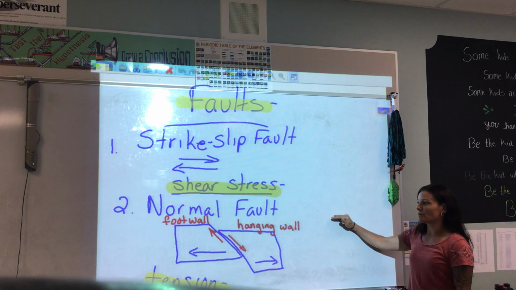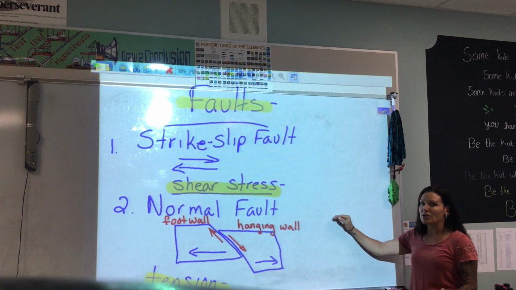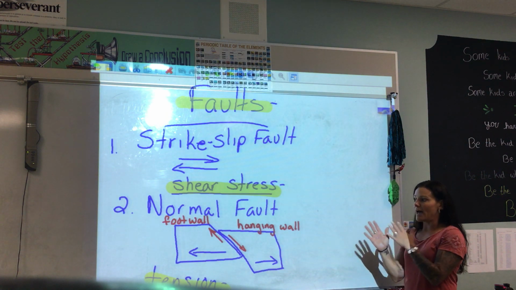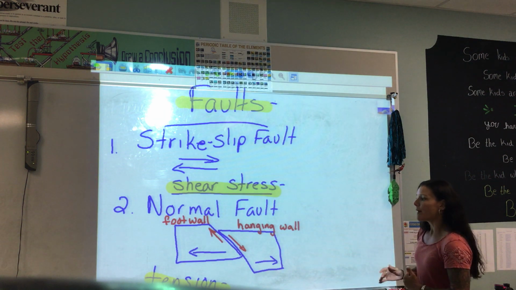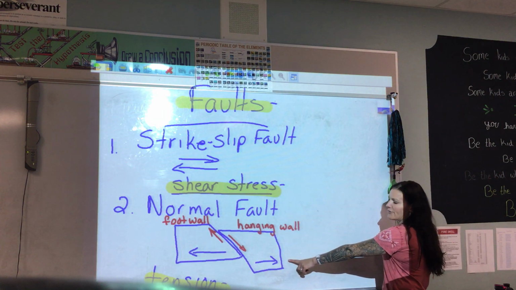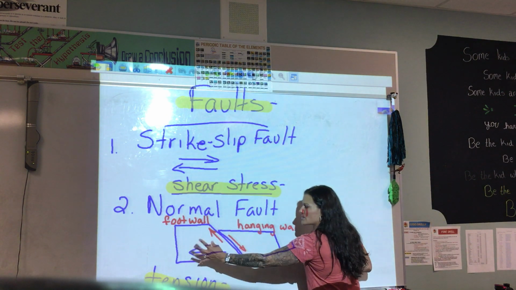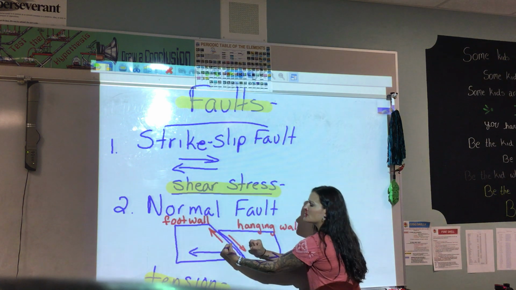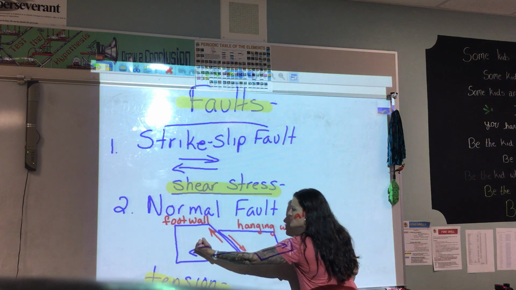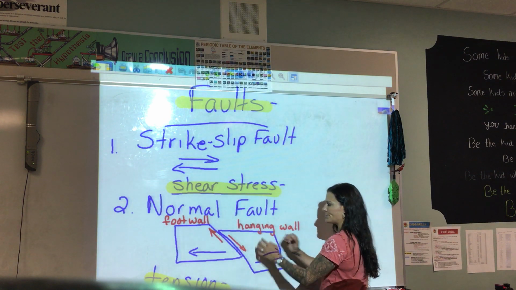The second type of fault is called a normal fault. It's called a normal fault because the rocks or the slabs act the way they normally would in lieu of gravity. This happens at a divergent boundary. If you notice, the arrows are pulling away. This is a piece of lithosphere, this is a piece of lithosphere. These 2 pieces are pulling away from each other, but as they do so, they drag past each other.